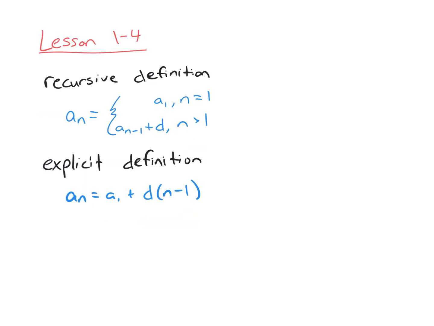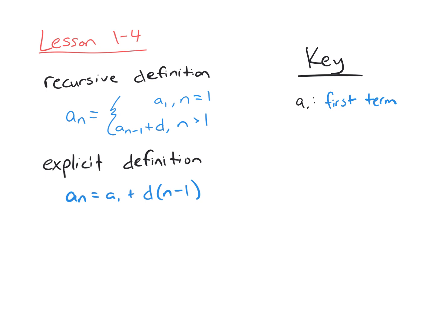I'm going to make a little key over here. And a key is just labeling things of what they're supposed to be. So looking at a_1, what does a_1 stand for? What does it mean? Remember? a_1 in a sequence is our first term.